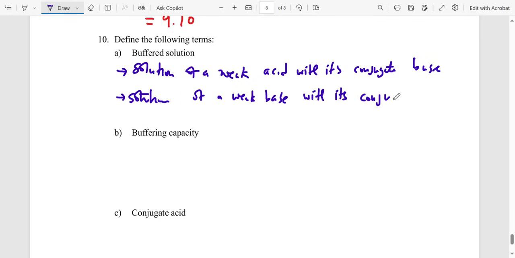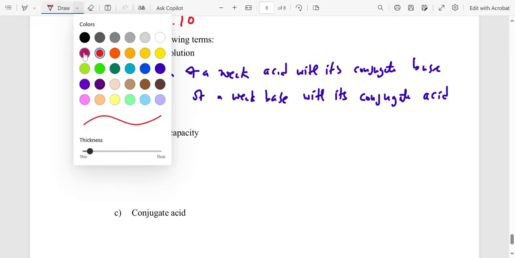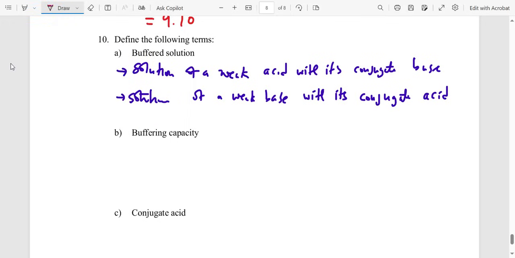You need to know that when the acid is weak, the conjugate is going to be strong, and if the base is weak, the conjugate acid is going to be the opposite. So take note of that. The conjugates are strong because what you start with is weak.